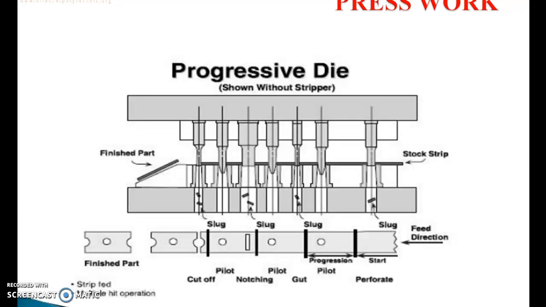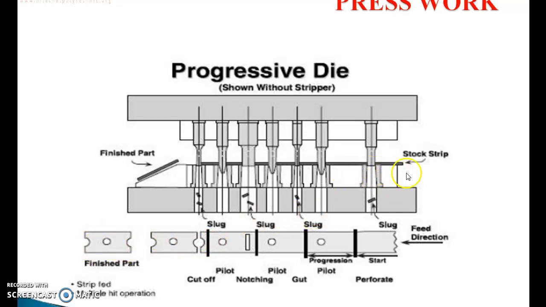Now here is another example of a progressive die, where the stations have to be changed so as to get the workpiece. Now you can see at station 1 a hole is created, here another cut is made, and when it is progressed further, here is the workpiece.